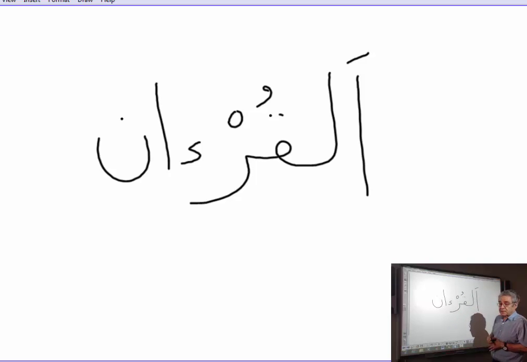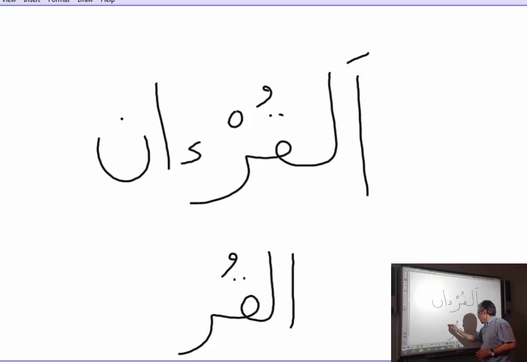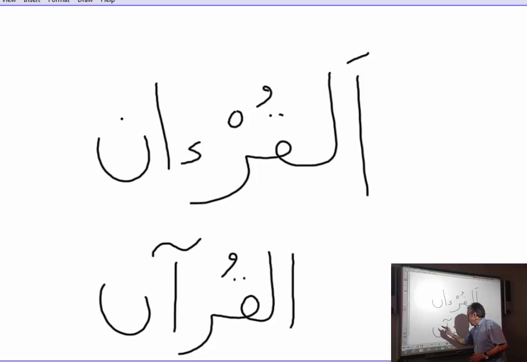But nowadays, in the contemporary script, you can see Al-Quran written in this way. If I take that one, it will be Al-Quran, which is completely different. That symbol here indicates that we have Hamza and Alif.